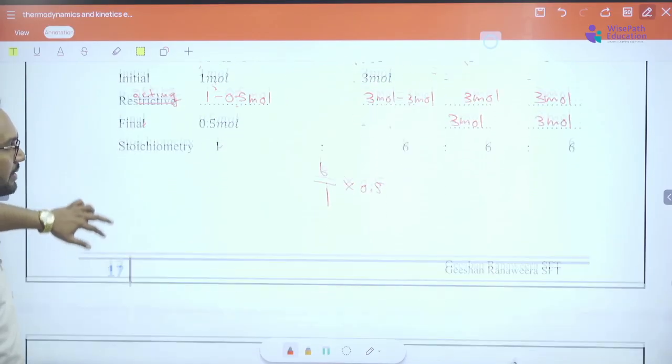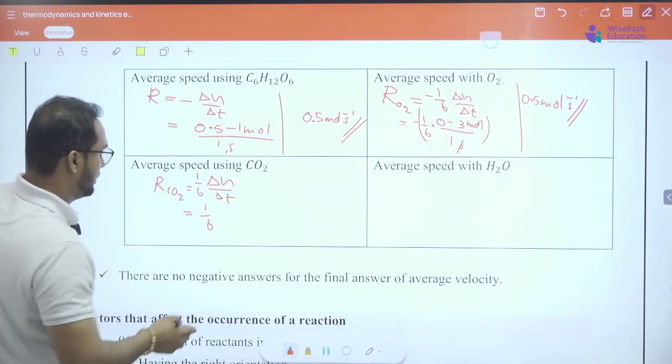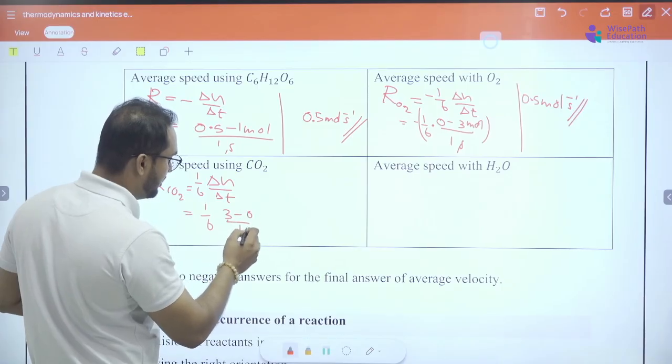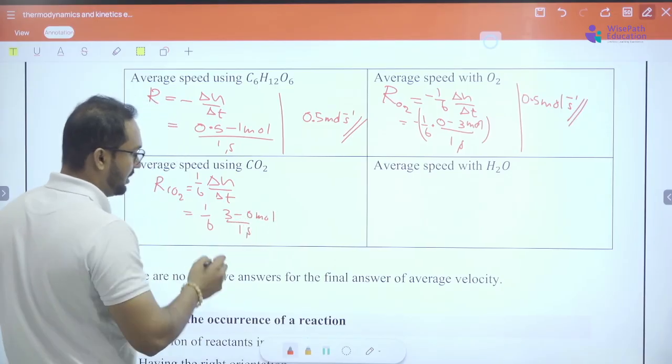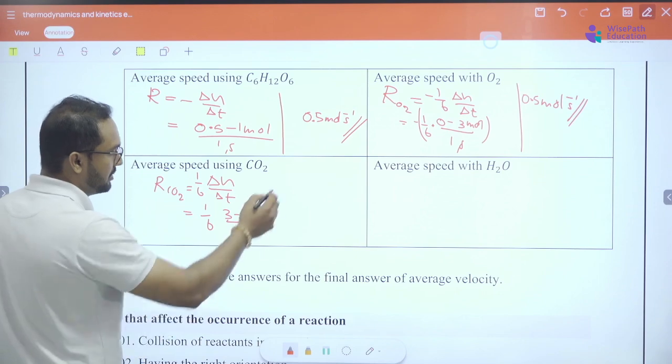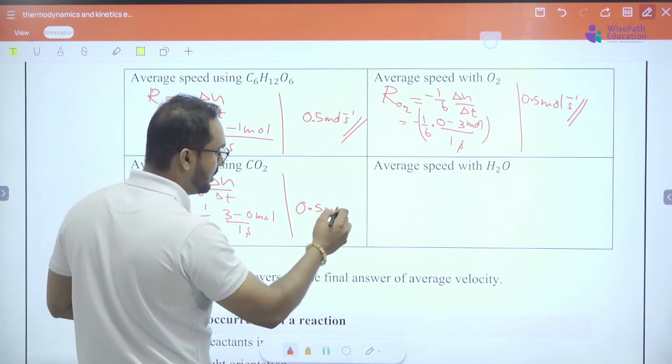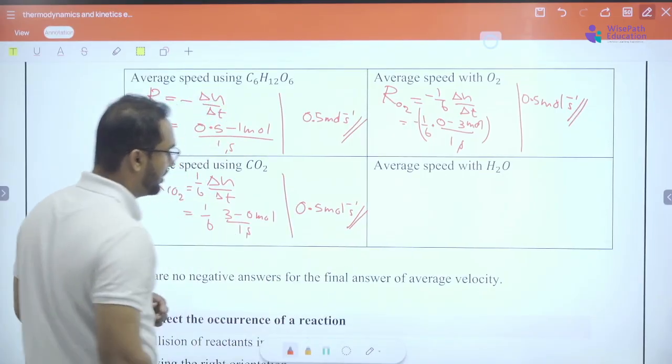Initially 0, finally 3, right? So 3 minus 0 divided by 1 second. So it's a multiplication here. So the answer will be 0.5 mole per second, right?